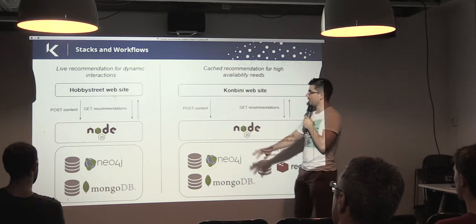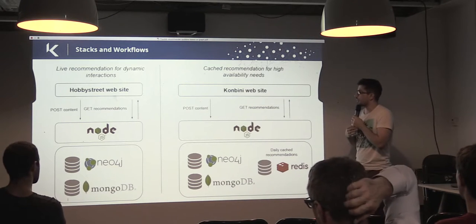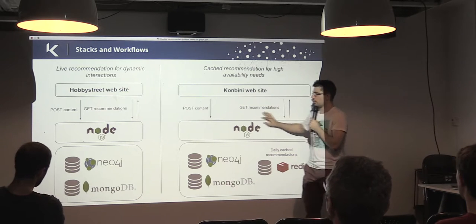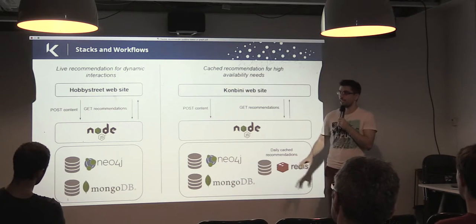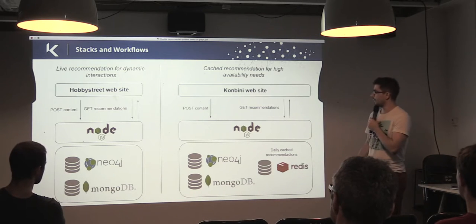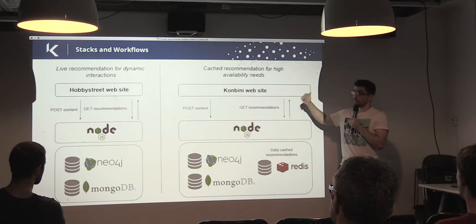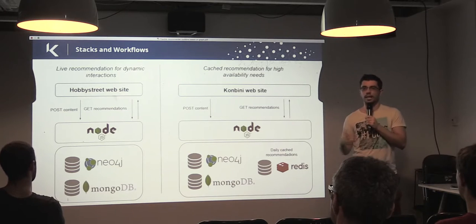So this is one kind, and the other kind is the more content-based recommender system, which is based on approximately the same stack, but also uses Redis as a cache database that allows us to have a high availability of the recommendation, because this is a really high traffic website.